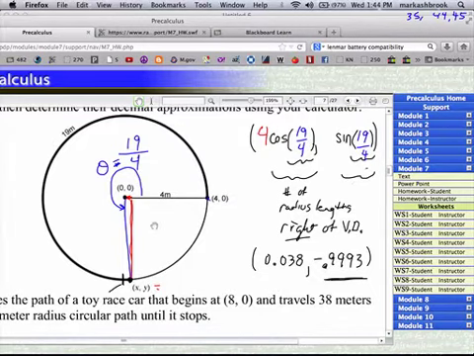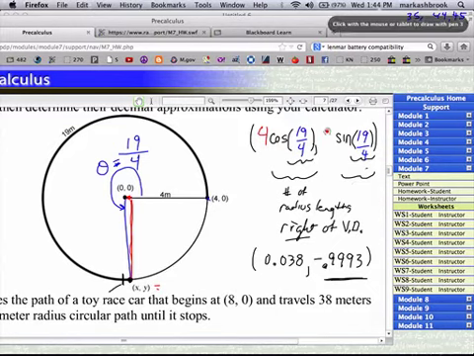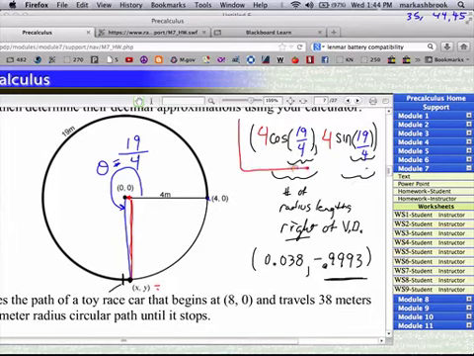And similarly, if we're this number of radius lengths below, how will we get how many meters we are below? Multiply by 4. So this should give us the actual coordinates in meters, because if this point is (4, 0), then this has to be in meters.